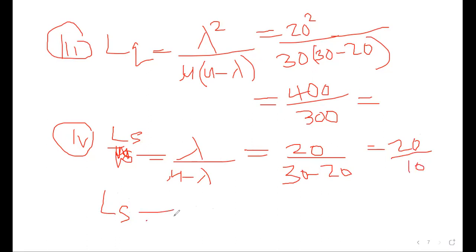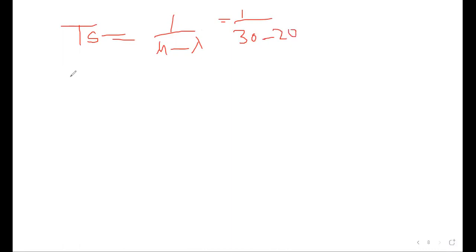So there are two customers seated in the system. That is what queuing theory involves. Then the time in the system is 1 over mu minus lambda, which is 1 over 30 minus 20, so our time in the system is 1 over 10.